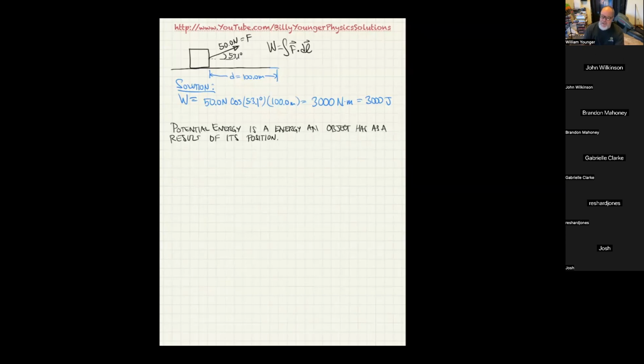But let's imagine another scenario where I have an actual mass sitting on the ground, and then I'm going to lift it up to some height and find out how much work I did. Now, the work I put into that will be called the change in potential energy.